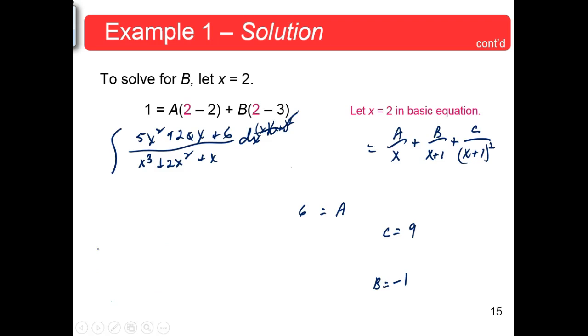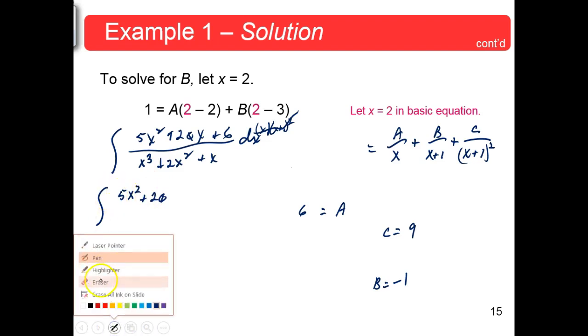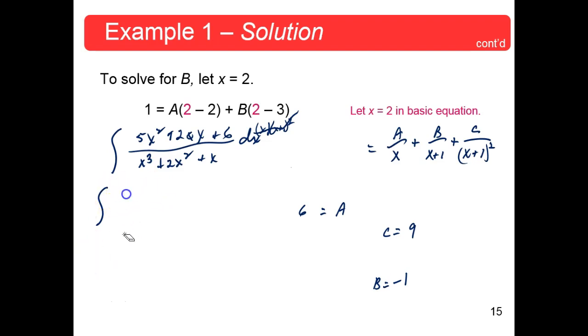All right. So what I'm going to do is rewrite my integral as 5x squared plus 20. Oh, no, I don't need all that. Let me just get down to the brass tacks here. 6 over x, because a was 6.